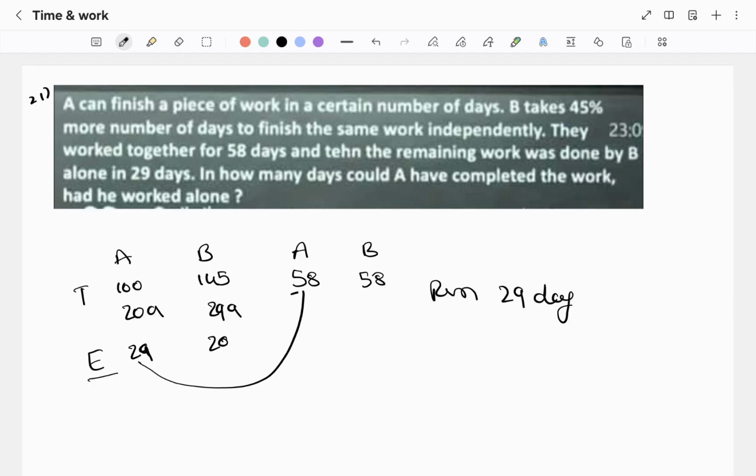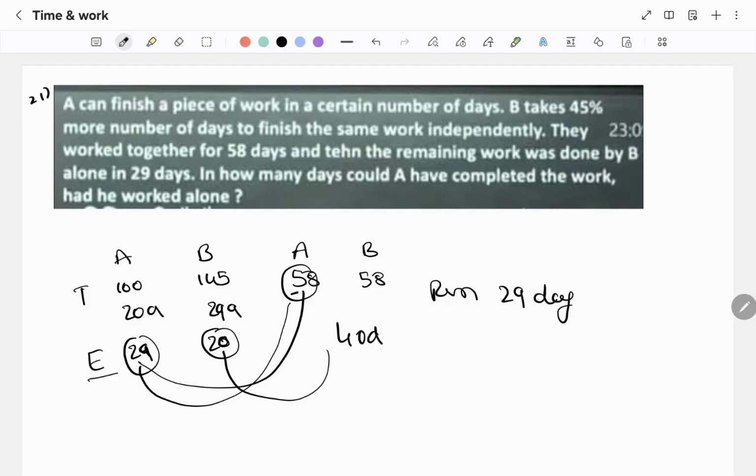So A did 58 days, its time is 29, then B will do how many days? With the 20 parts, see 29 into 2 is 58, then 20 into 2 is 40. So if B does this work, it will be done in 40 days.